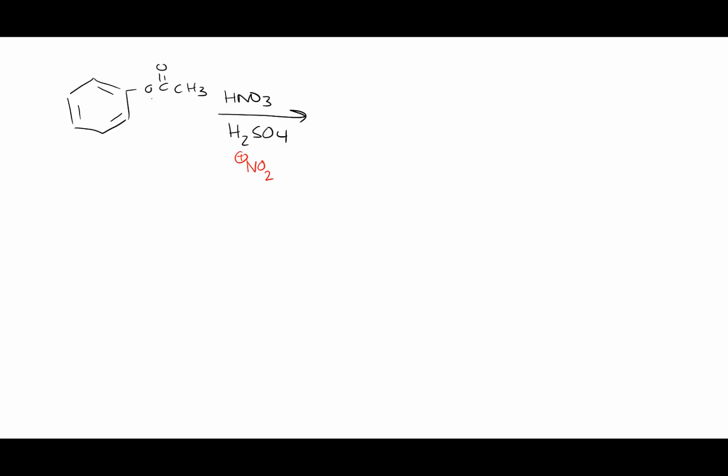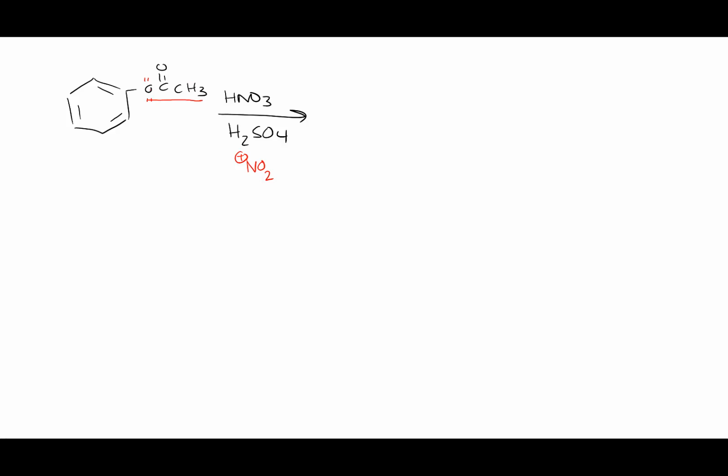The next question is, what kind of group is this: activating, deactivating, ortho, para, or meta? Now, this is a little different because the oxygen is attached to the benzene ring. So if you saw the carbonyl and you said immediately it was a deactivating group, that's not correct.